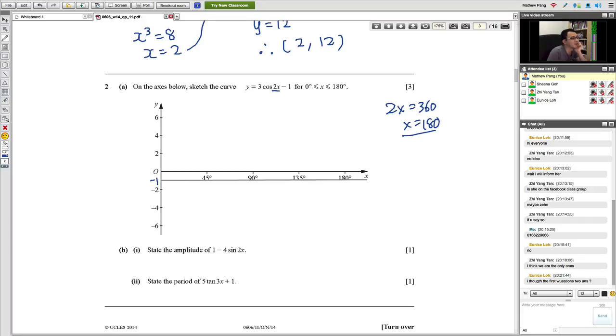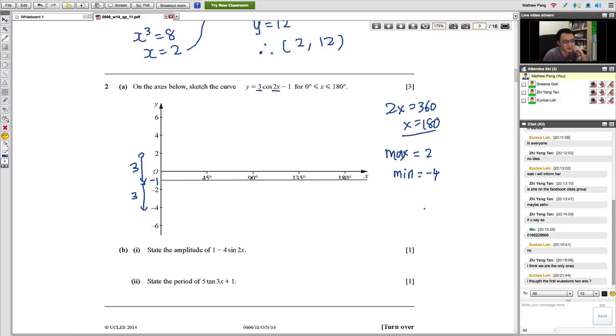And then I want to know my maximum point. So amplitude is 3, right? So my maximum point will be 2, because the amplitude here needs to be 3 units, and amplitude going down needs to be 3 units. So my maximum will be 2 and my minimum will be negative 4.